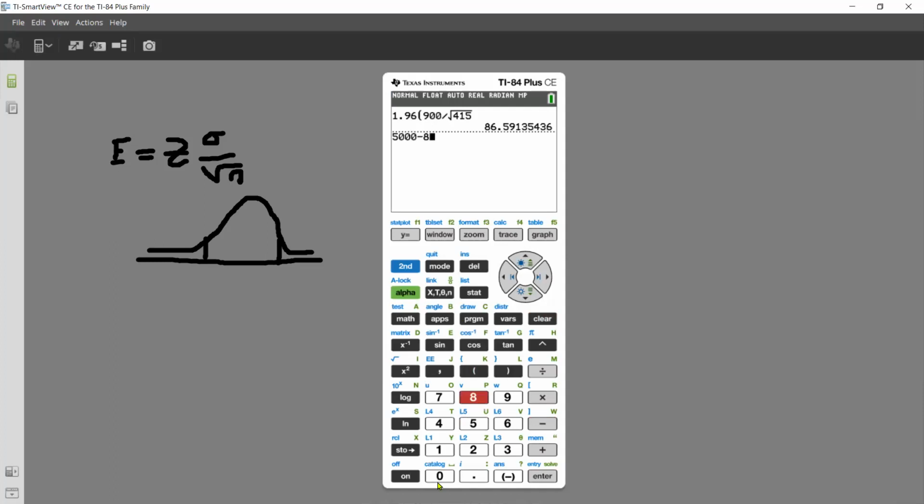That gives your lower one, which is 4,913.4086. And your upper one is 5,000 plus this, which is 5,086.5914. So there's my interval.